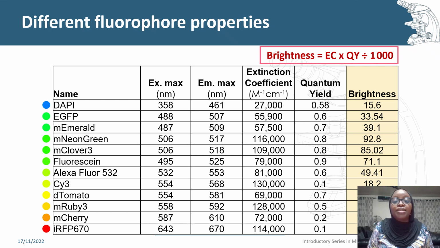If you look at this table, you will see the quantum yield. You also see the extinction coefficient. Don't forget that the quantum yield is the ratio of absorbed and emitted photons, and the extinction coefficient is the capacity for light absorption at a specific wavelength.